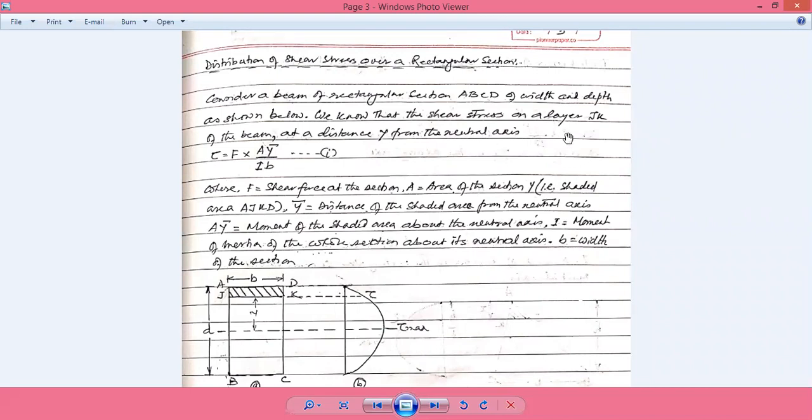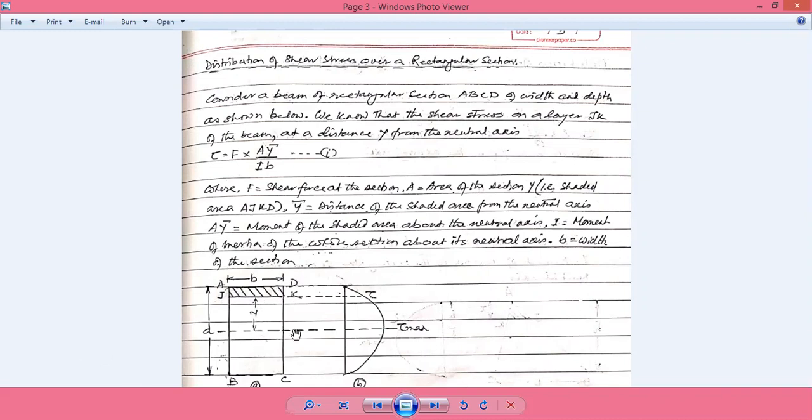Now we know the shear stress at a layer JK, which we have picked up here, at a distance y from the neutral plane. We have reduced this; the shear stress is given by F into A into y bar divided by I into B, where F is the shear force acting over this section ABCD as per our shear force diagram, and A is the area of the section above the distance y from the neutral axis, which is equal to AJKD.